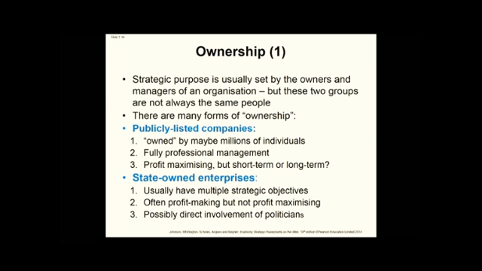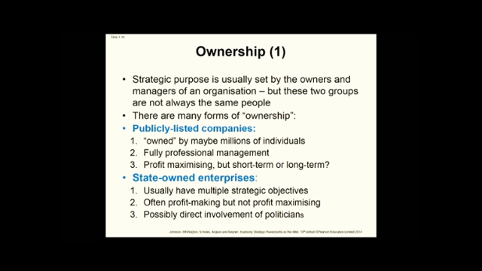As I said, there could be hundreds of thousands or indeed millions of shareholders. But the managers are a much smaller group of people. So ownership becomes important. There are a number of different forms of ownership, and we'll mention 4 here.